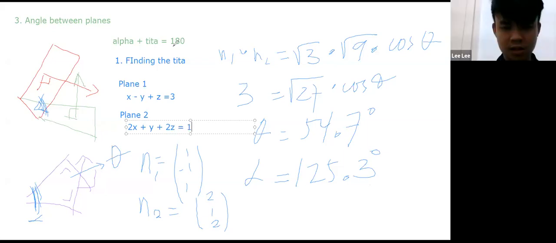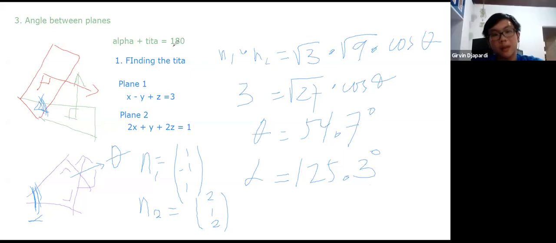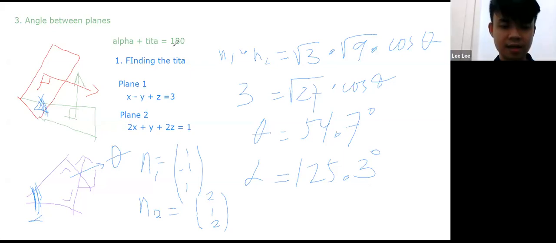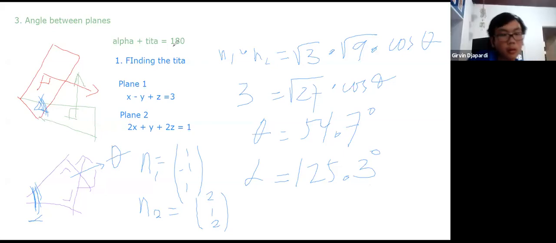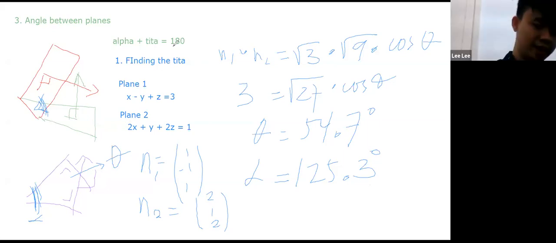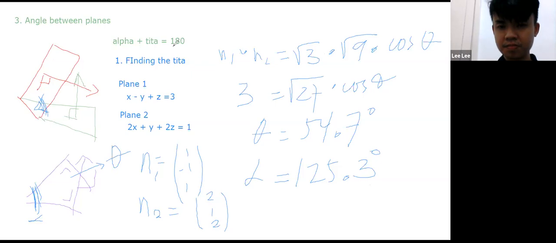That's the equation for plane 1, so n1 is also the same, like x minus y plus z. N is the coefficient of x, y, z. Any other questions? No, sir.